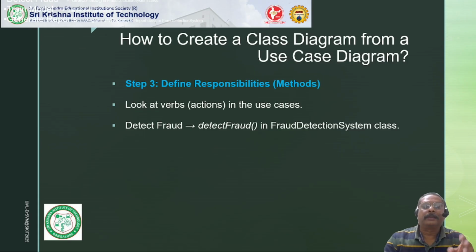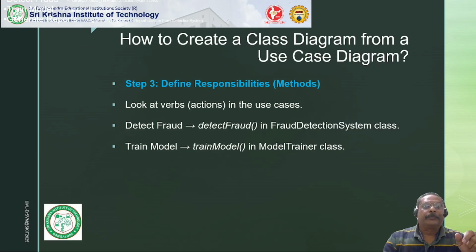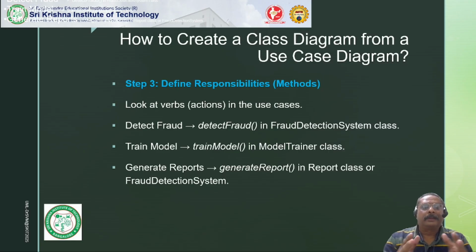If the use case talks about train model, then we can create a function called train model in the model trainer class, and so on. If we are talking about generate reports, then we can create a function called generate report in the report class or fraud detection system class.